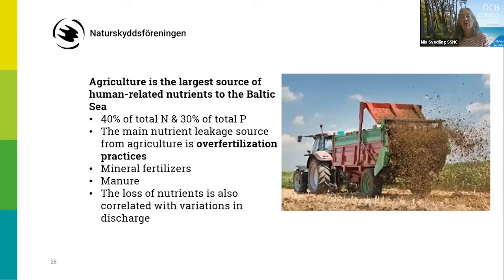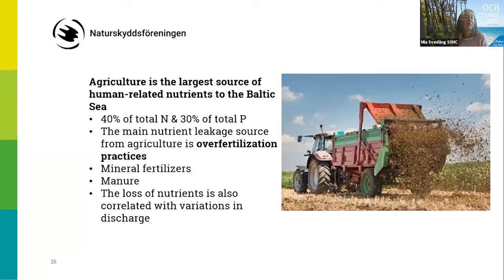Well, as we've heard from Maria recently, agriculture is the largest source of human-related nutrients to the Baltic Sea. So it's a very important source for nutrients and eutrophication. And in the Baltic, it's 40% of the total nitrogen and 30% of the total phosphorus that comes from agriculture. And it comes from many different practices in agriculture, but the main nutrient leakage source from agriculture is over-fertilization practices.